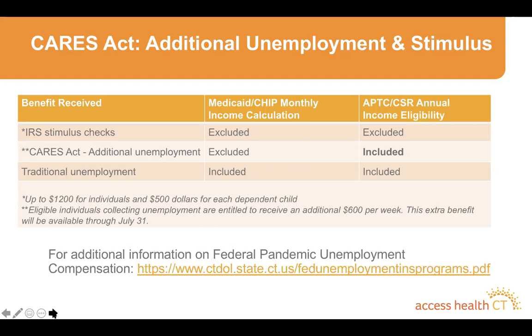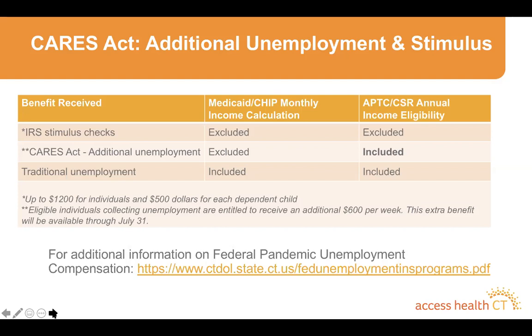And for the purposes of Medicaid and CHIP monthly income, that additional unemployment, that $600 per week amount, is excluded. It is not counted.